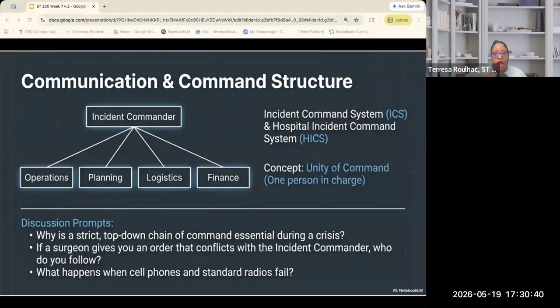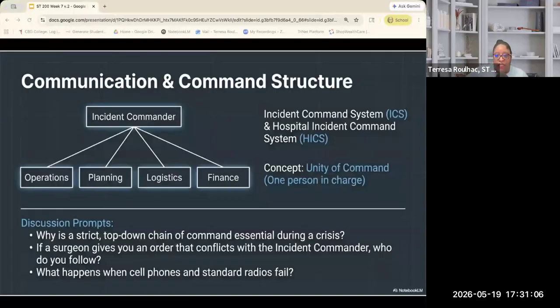Now, for us, we look at which branch directly impacts us as CSTs the most, because we're going to be touched by all of this. But looking at what I just went over, and I'll give you a hint, usually two that affect us a little bit more than the others.